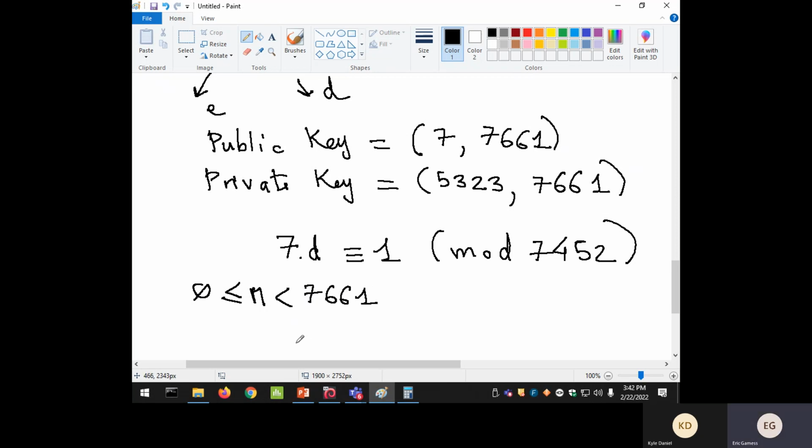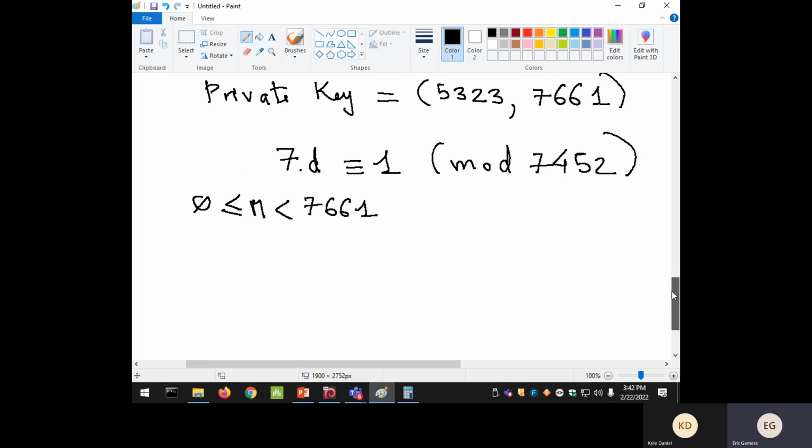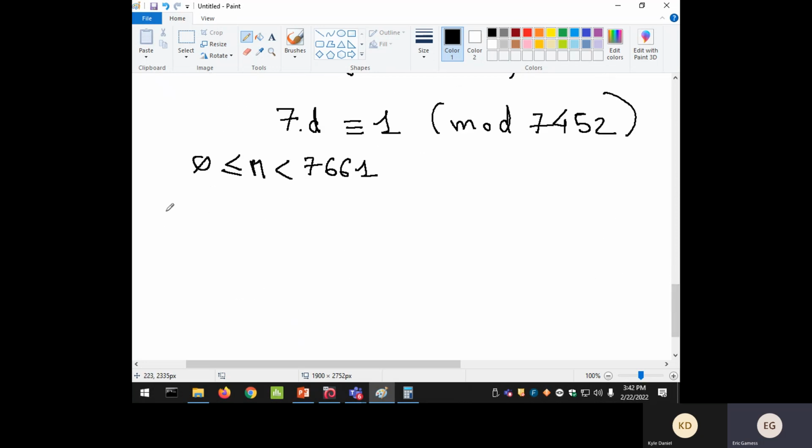Any integer that you take between 0 and 7,660, both inclusive, can be a plain text. So anyone that you want. Let's say that we take M. Which one you want to use?